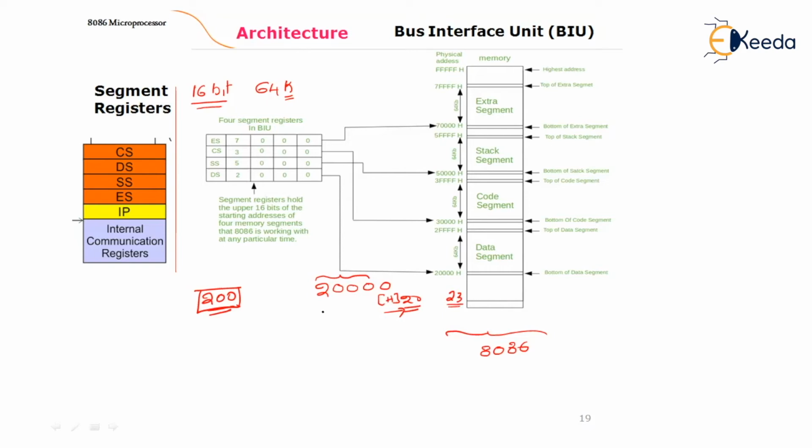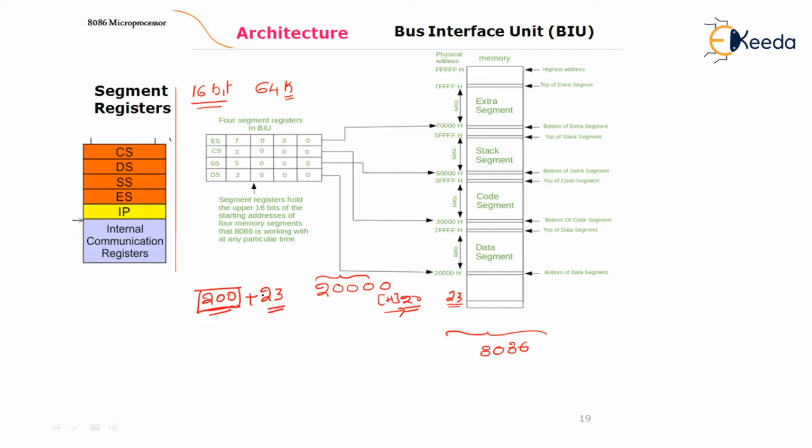Now the programmer actually wants to access the 23rd location, the 23rd address within the data segment. So every time an address has to be accessed within a segment, the base address of that specific segment will get added to the offset, the desired address.